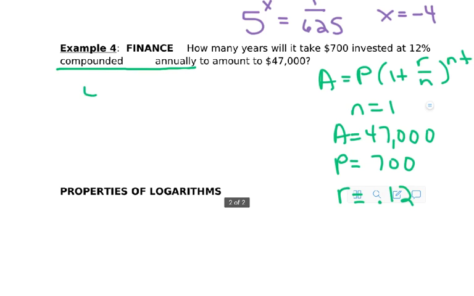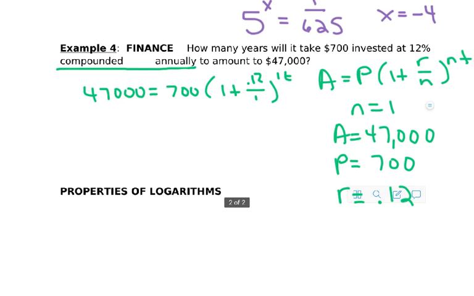So let's plug our numbers in. 47,000 is equal to 700 times (1 plus 0.12 over 1) raised to the 1 times t. Some of this stuff I can simplify in a minute. We'll deal with that in a second. So in order to solve this problem algebraically, the first thing you should do is get rid of 700 by dividing by 700.